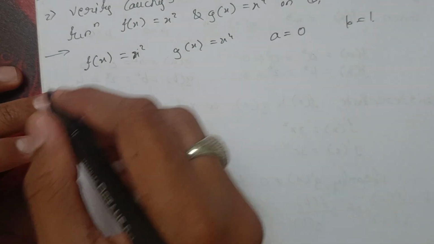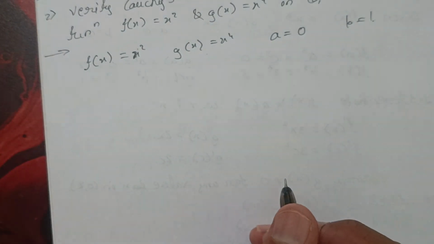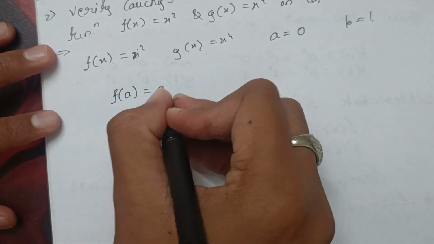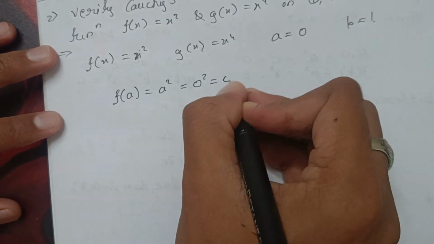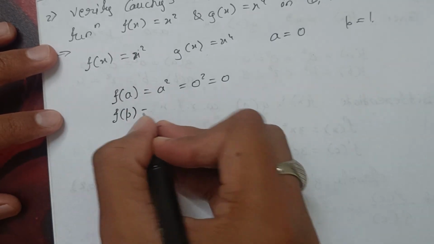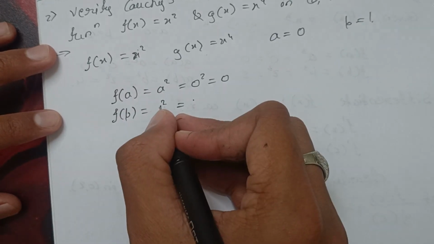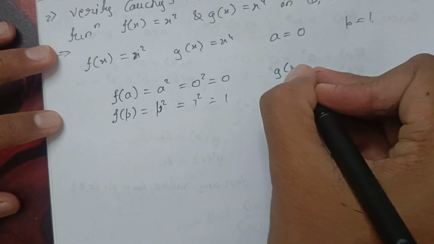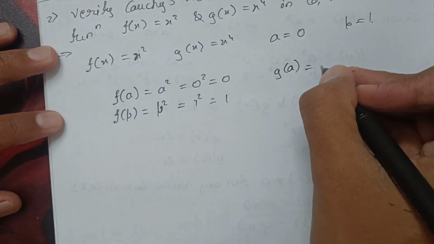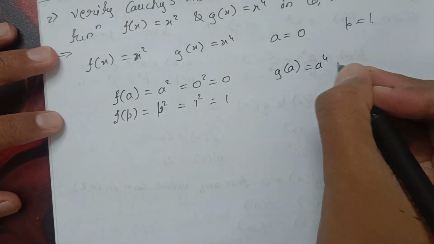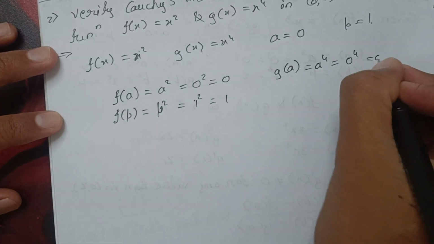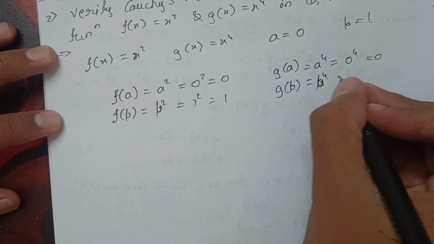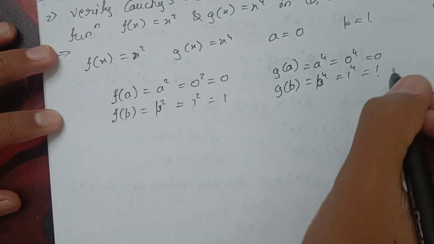So let's first verify the Cauchy's theorem for the functions f of x and g of x. For f of a is equal to a square, 0 square is 0. F of b is equal to b square, 1 square is 1. Same for g of x, g of a is 0 raised to 4, which is 0, and g of b is 1 raised to 4, which is 1.